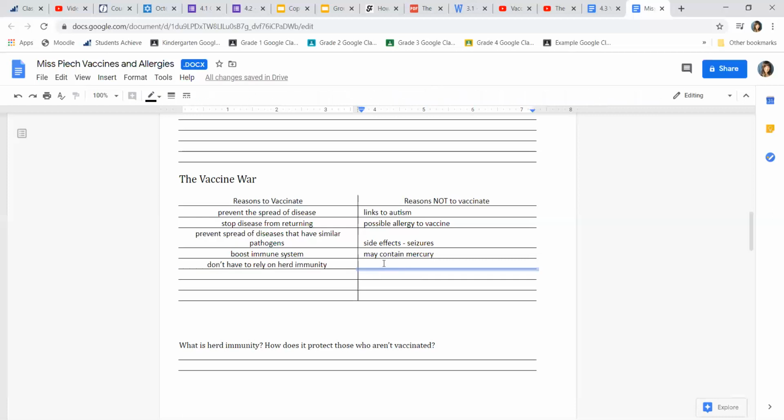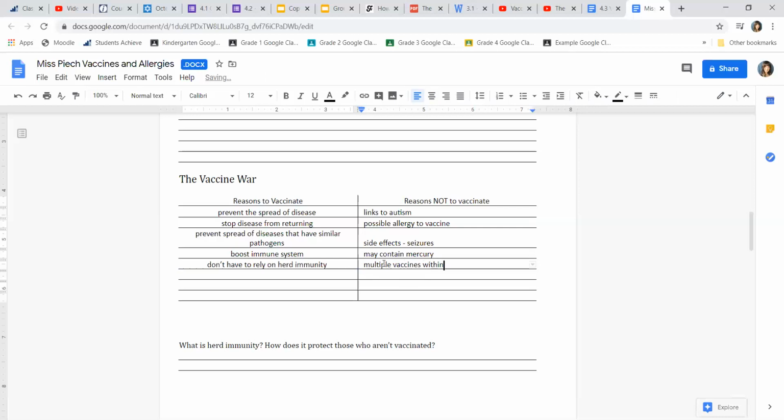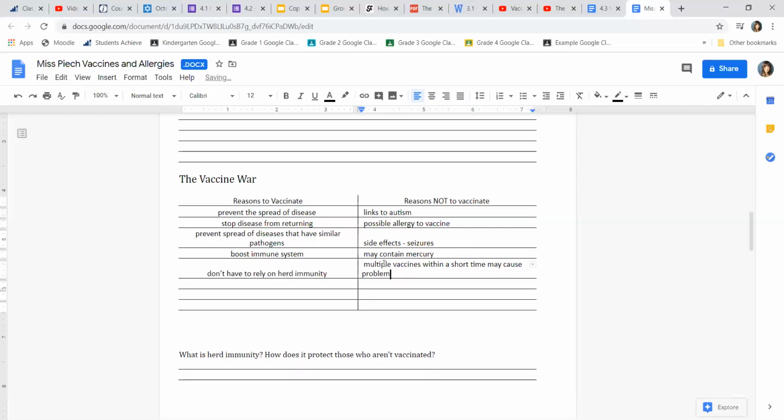Also, there's a lot of concern about how there are multiple vaccinations within a short time period, especially when children are really young. There's concern about how many vaccinations there are in such a short time period.